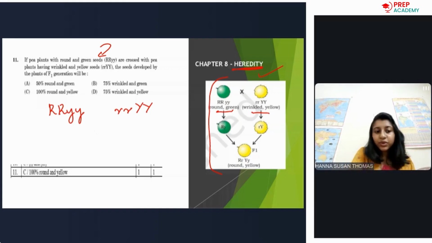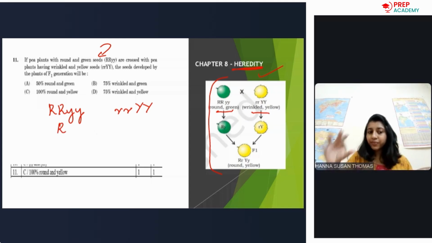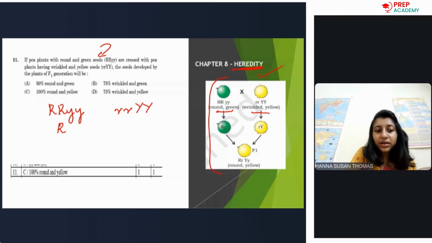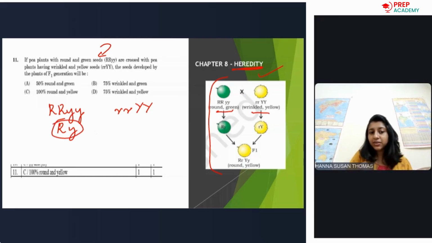So here you can see the capital R factor, R as in round, you can take from here, and small y you can take from here, and they will form a gamete.